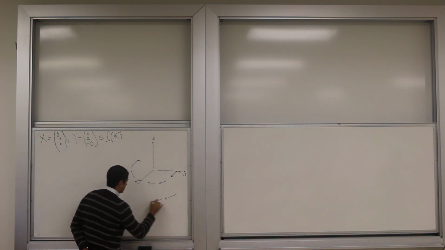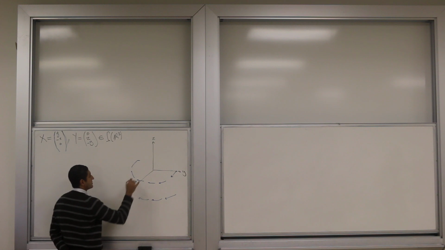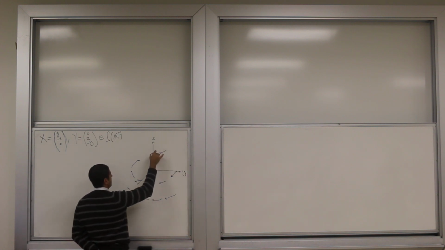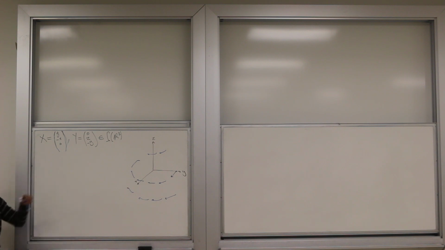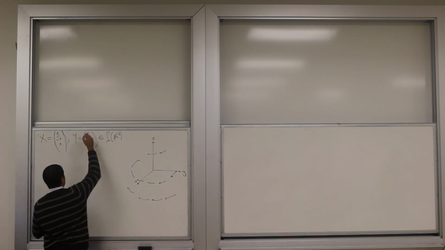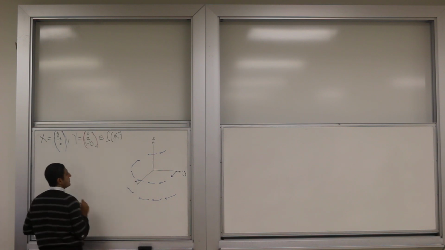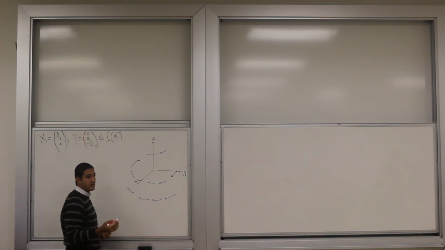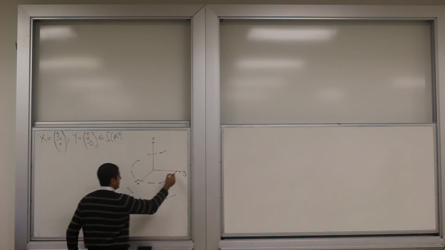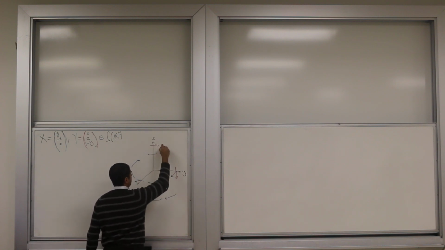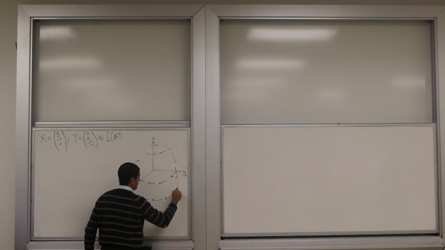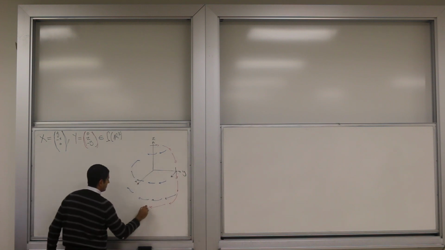So down here it is something like this, over there something like that, right? At any point in the R3 domain, it gives you a vector. This red one, at any point, gives you another vector. So maybe at this point it gives you that vector, here it gives you that vector, and so on, okay?